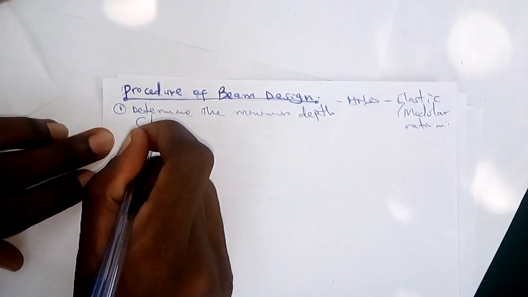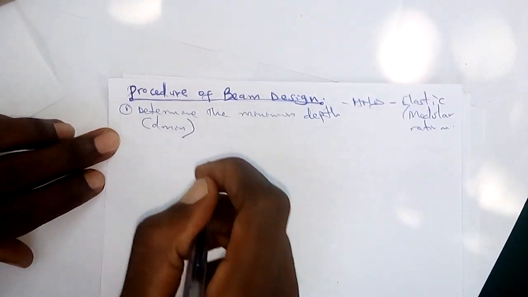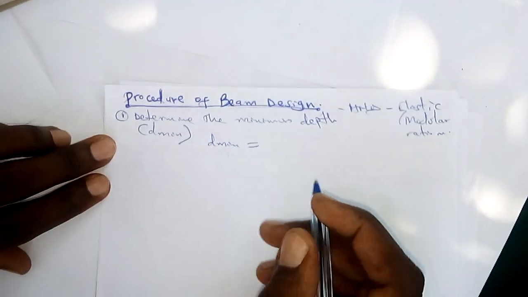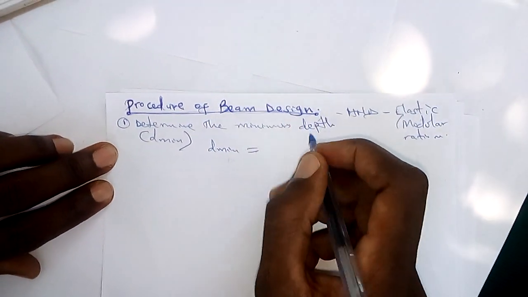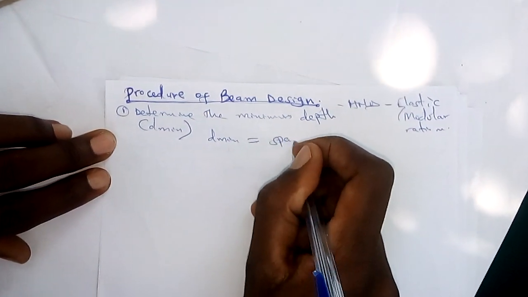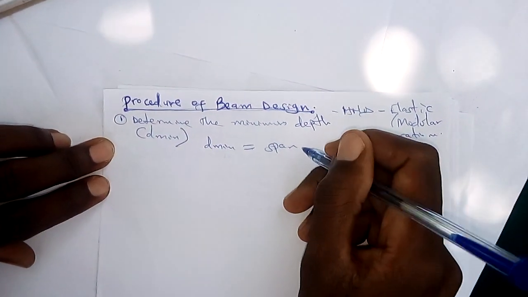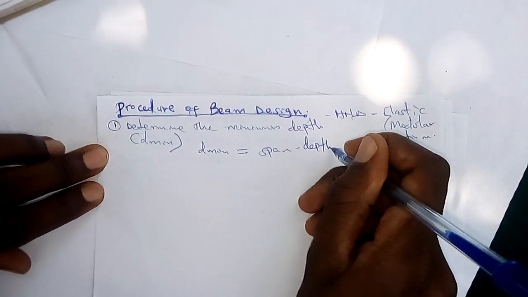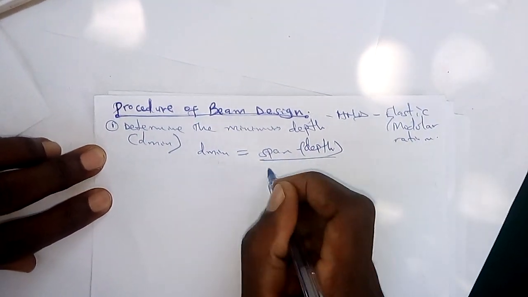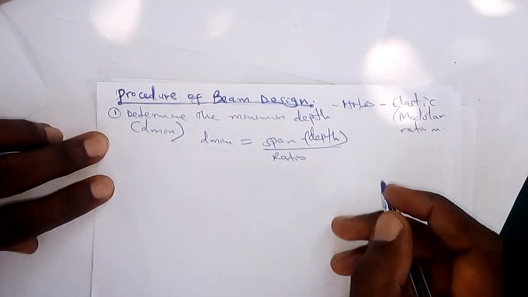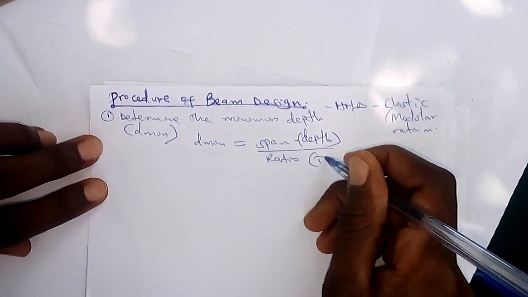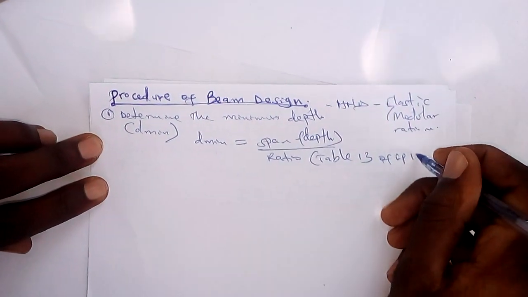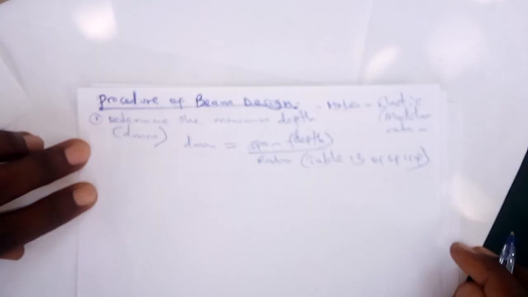This is abbreviated as D min, and D min is given by the formula: the beam span, over the depth ratio in brackets, and the ratio we will get from table 13 of CP114, which I'm going to share with you.